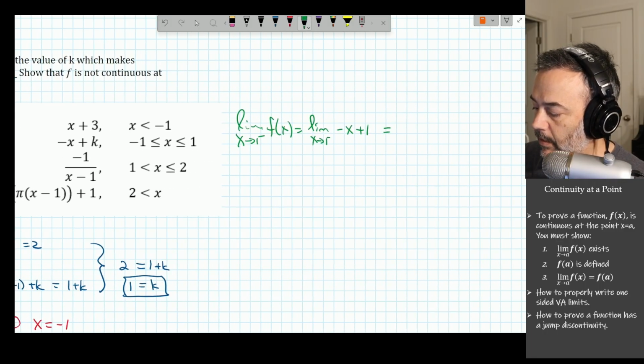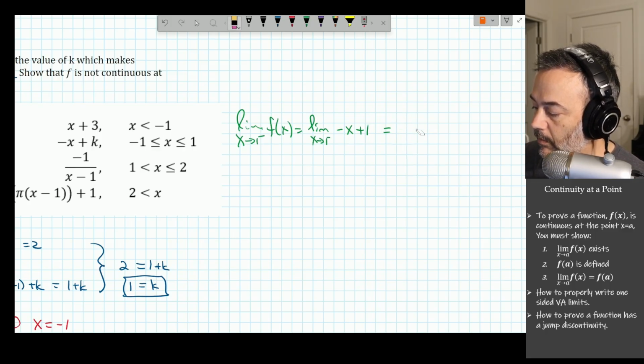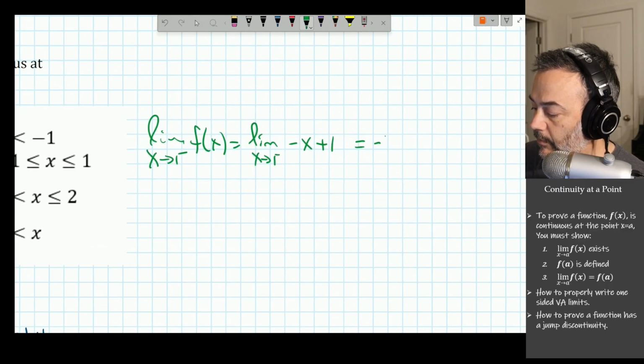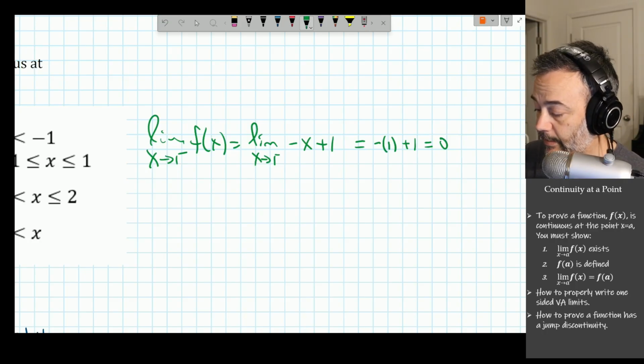That is negative, plug in 1, we can do direct substitution, plus 1 equals 0. Okay, fantastic. That's the left limit.